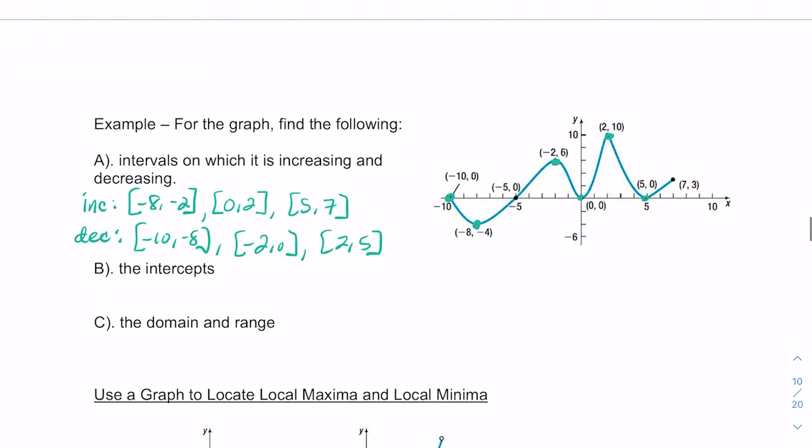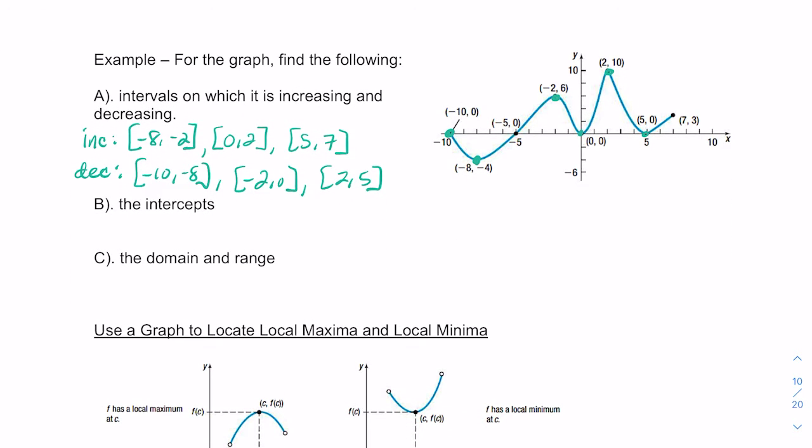Okay, what are some intercepts? So where is it intersecting the x and y axis is what I'm interested in. So here I see an intercept at the following points. There's x-intercepts at (-10, 0). Remember, I'm using parentheses now because I'm dealing with ordered pairs.